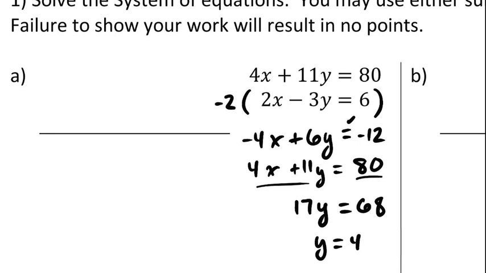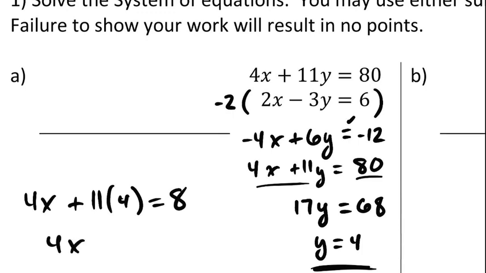Now that I know y is 4, I need to figure out what x is, and I guess I'll just use that top equation. So I'm going to write 4 times x plus 11 times, playing the part of y, 4, because I just found y was 4 right here. And then that's going to equal 80.